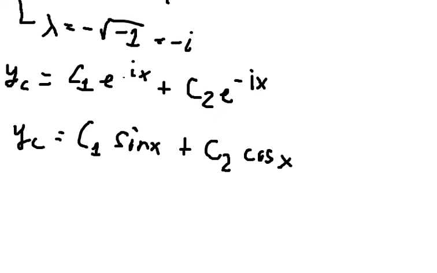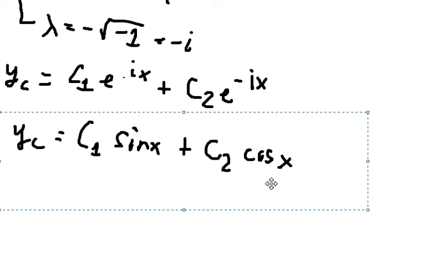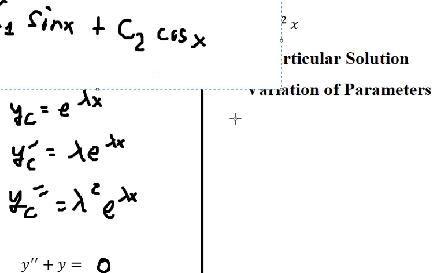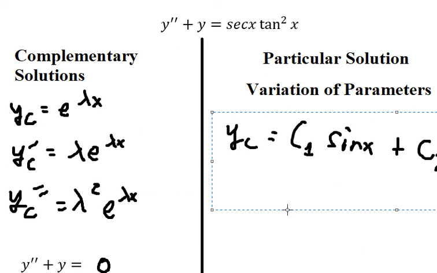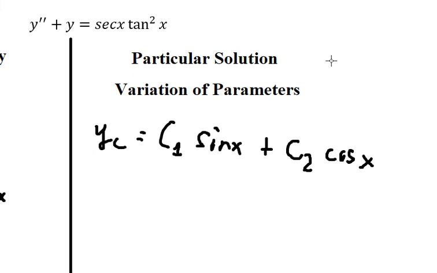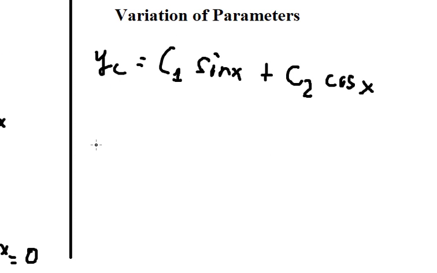And now, because we use variation of parameters, we have yc in here. The first thing we need to analyze, I will put y1, that is sine s. y2, that is cosine s.